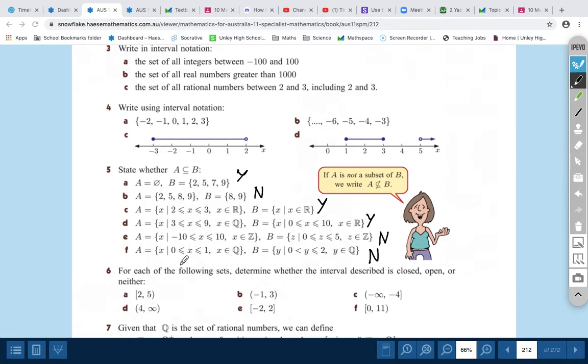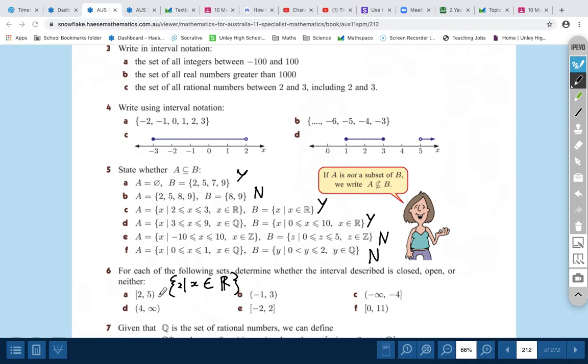So let's move on to question 6. All right, this is a shorthand notation that you can use for real numbers. So for example, if you have a set with elements x and the x values belong to, this funny looking E means belong to, the set of real numbers, okay?